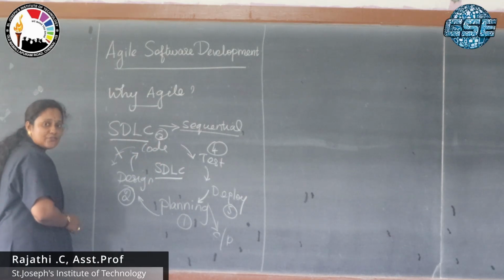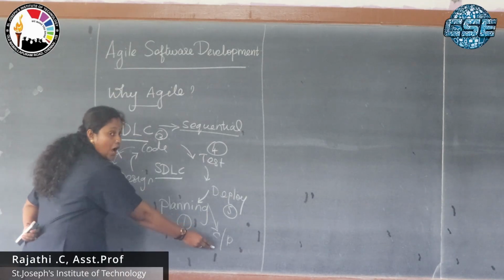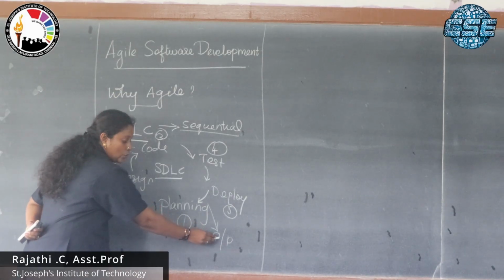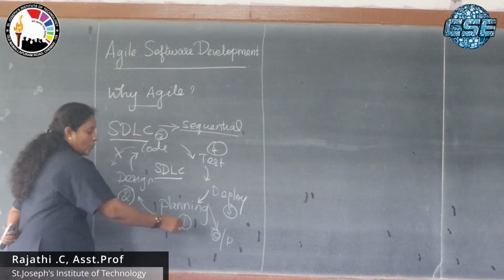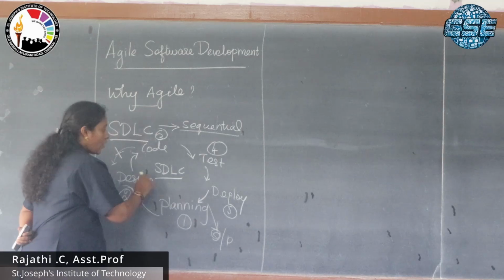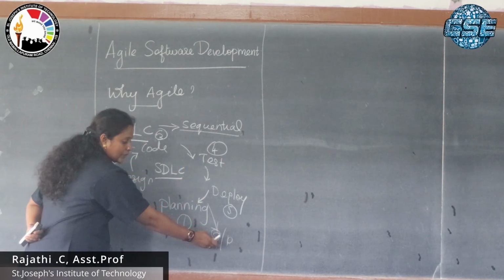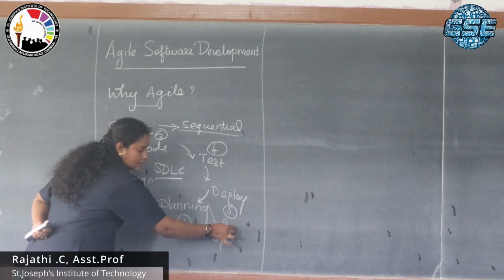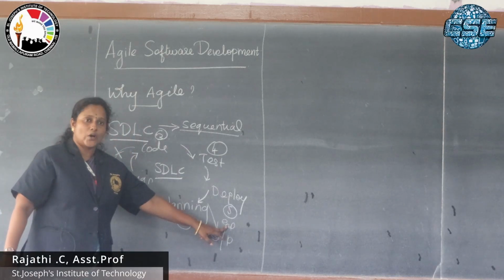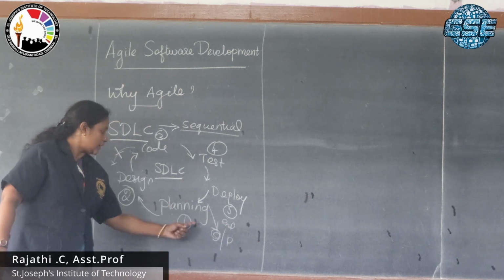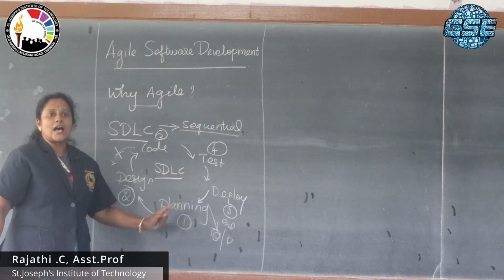After completing everything, after the deployment we get the output of the particular product. If any flaw is there in the output, we have to reiterate the whole process again. Whatever changes we want to make to the end product have to be accommodated through all these steps again.